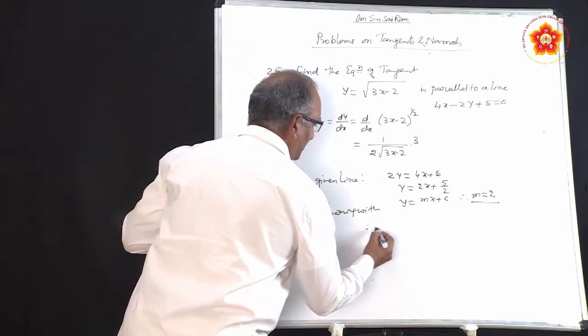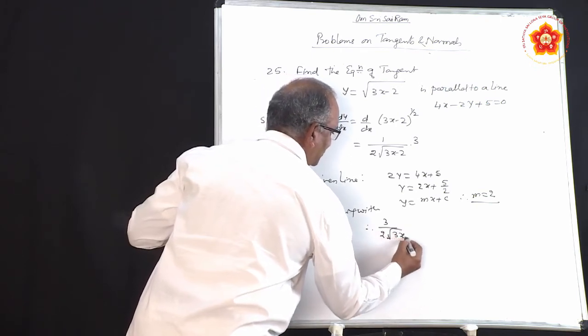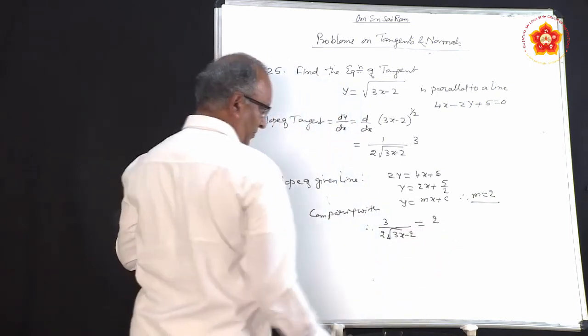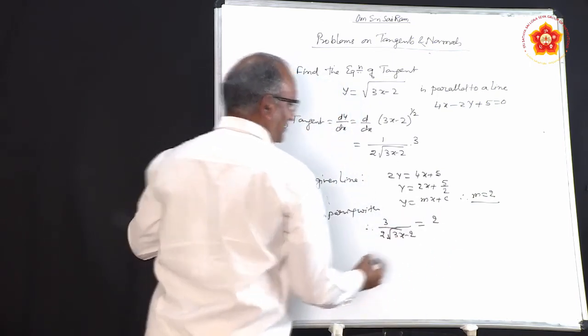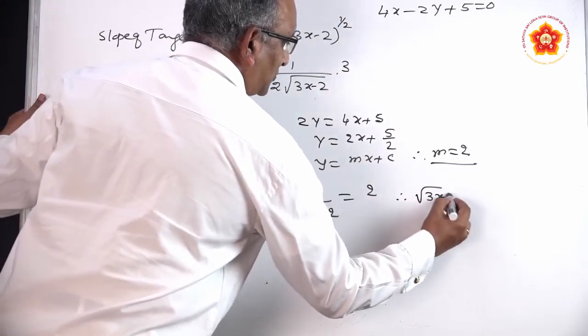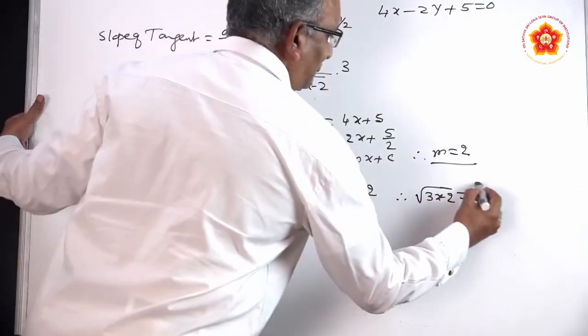Hence, 3 upon 2 under root of 3x minus 2 is equal to 2. Take square root that side, we get root of 3x minus 2 is equal to, get 2 this side, you get 3 by 4.